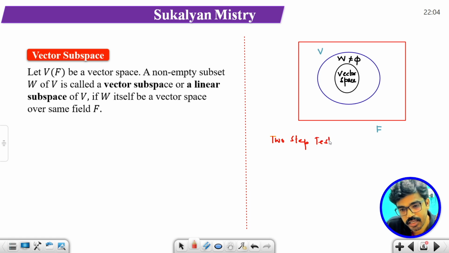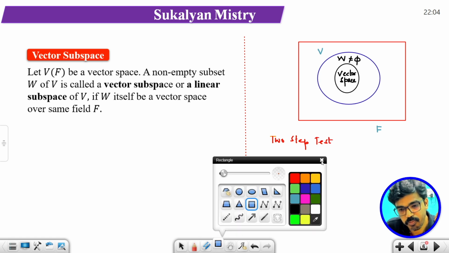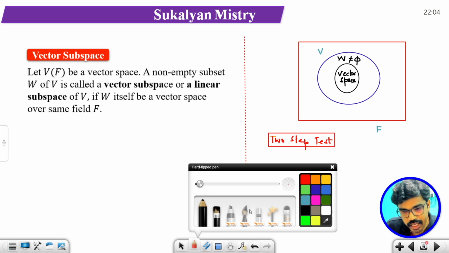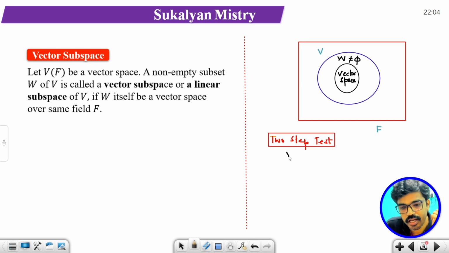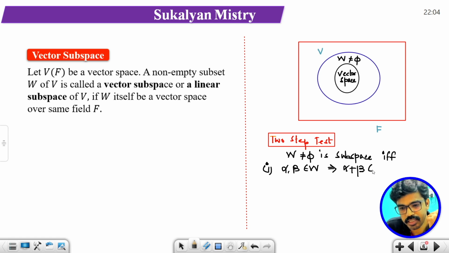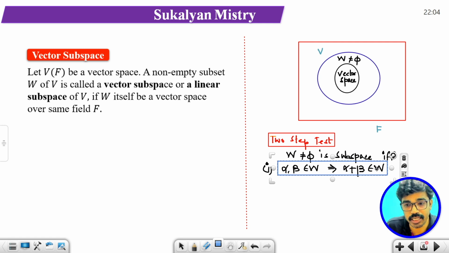A non-empty set W is a subspace if and only if the first condition is that alpha, beta belongs to W implies that alpha plus beta belongs to W. That is closure.